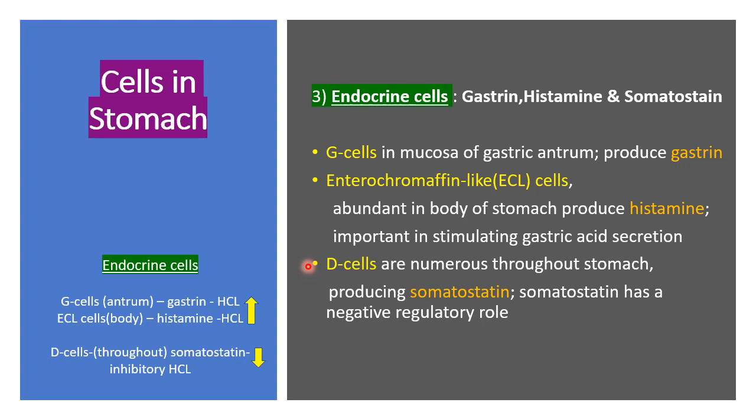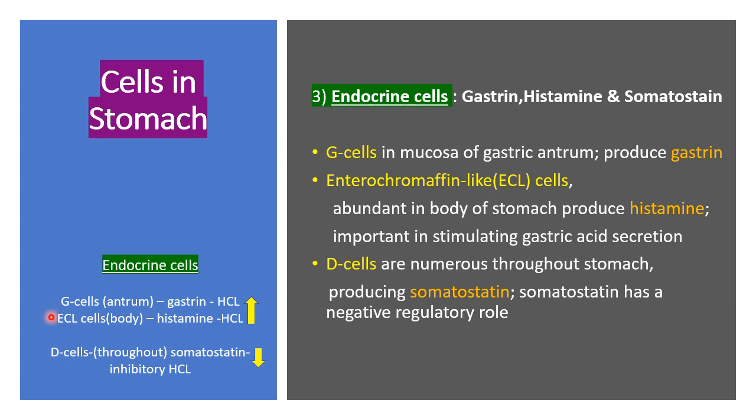D cells are numerous throughout the stomach and they produce somatostatin. Somatostatin has a negative regulatory role. In summary, the endocrine cells, G cells, in the antrum of the stomach, stimulate gastrin, which increases hydrochloric acid.